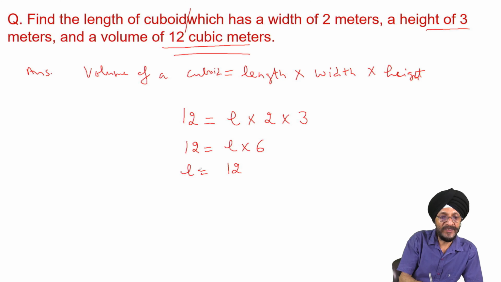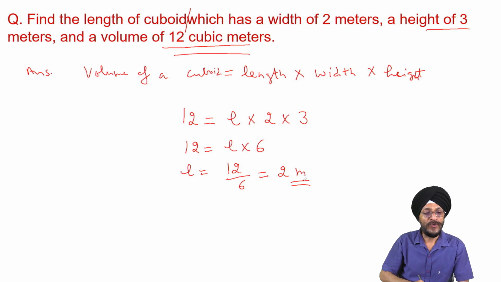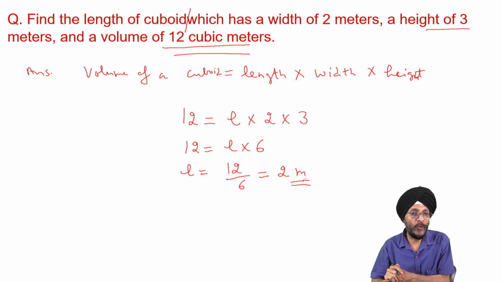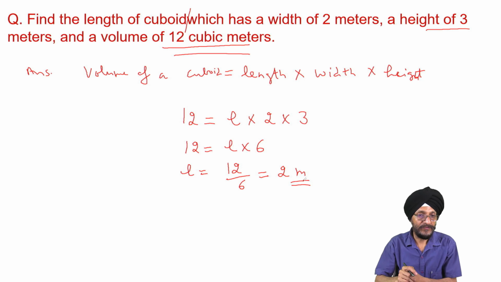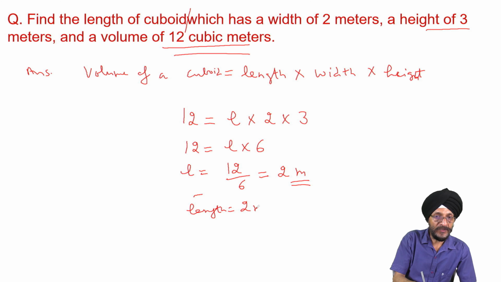So length is equal to 12 divided by 6. So length in the given question will be 2 meters. So this is the answer before you. Length is equal to 2 meters.